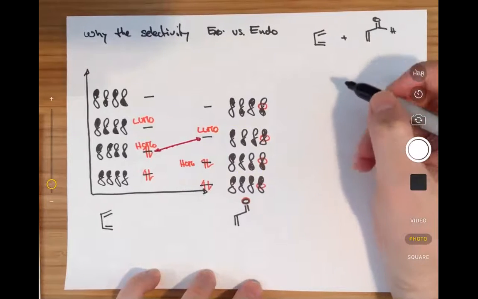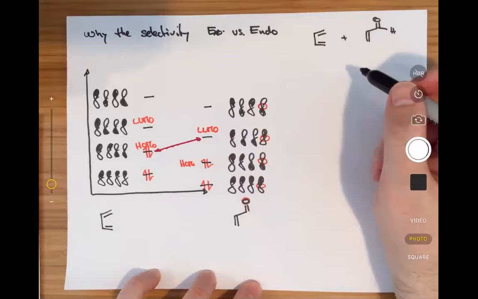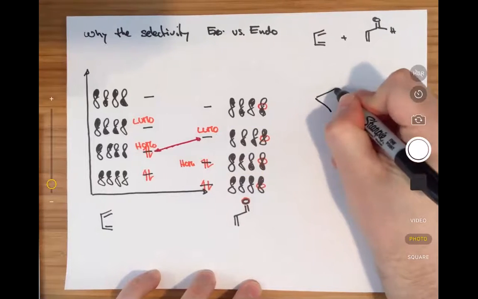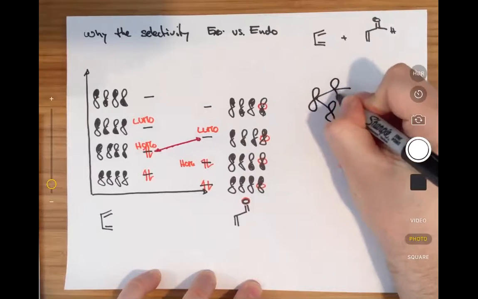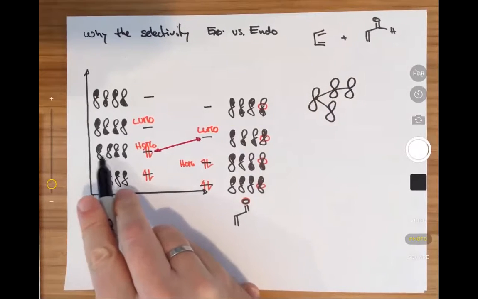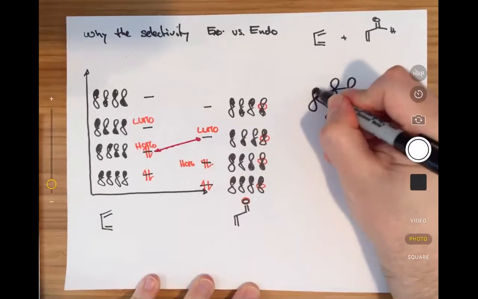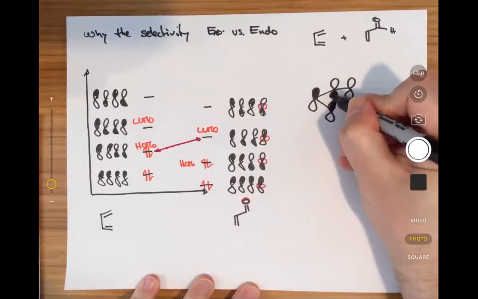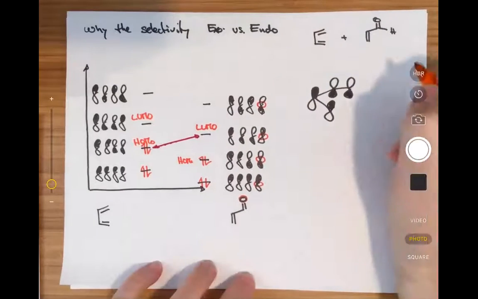So now that we know which orbitals are actually coming together, we can draw out the transition state for that. In the case of the diene, we have phi 2. If we take a closer look, this is alternately shaded and has one lobe in the middle. So this looks somewhat like this. So we can call this the HOMO.